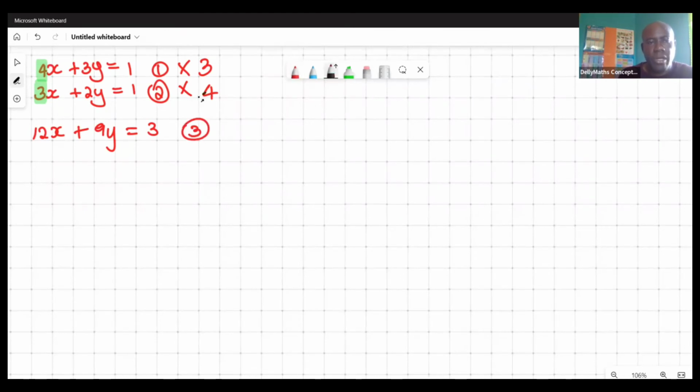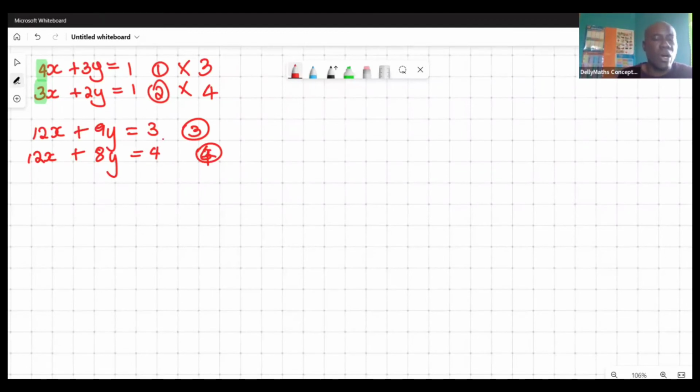For equation 4, this is 4 times 3x, which will give us 12x, 4 times 2y, which will give us 8y. This is equal to 4 times 1, which will give us 4. This is equation 4. All right, so there it is. We have all 4 equations.